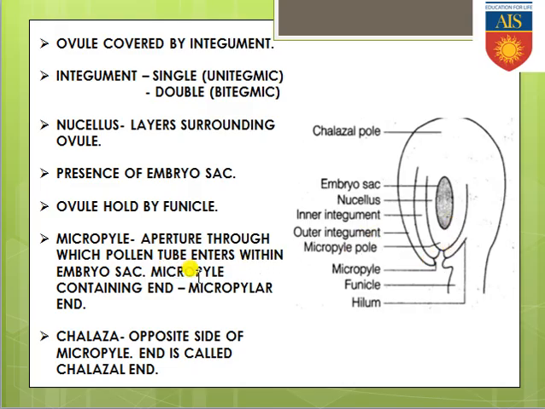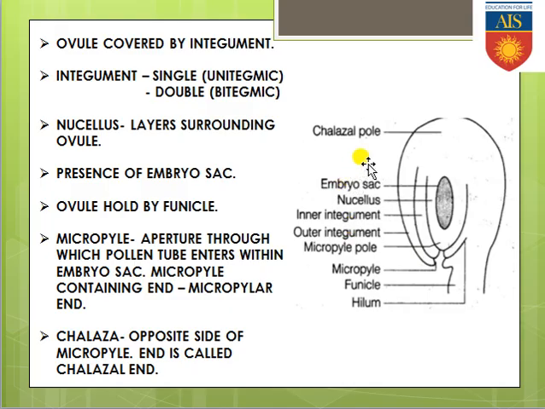The end of the ovule where the micropyle is present is commonly known as the micropylar end. You can see in the diagram, it is present here. The opposite region is commonly known as chalaza, which is present opposite to the micropyle. This pole is also known as the chalazal pole or chalazal end.